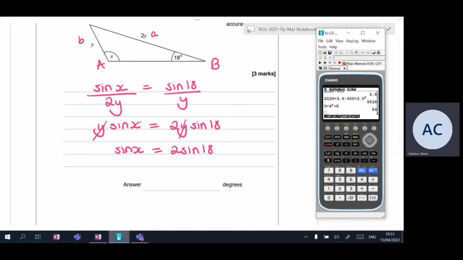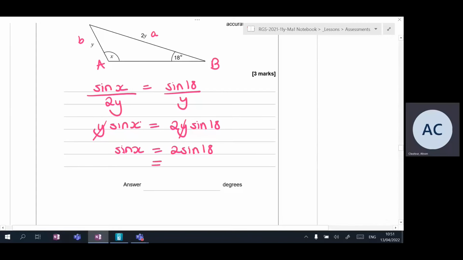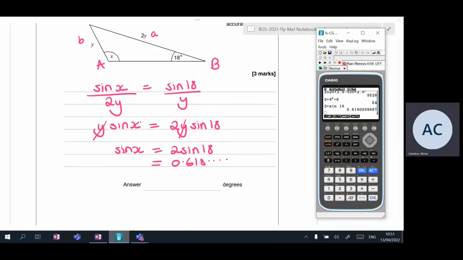So on your calculator, we do 2 times sine 18. Okay, we've got 0.618. Just going to make sure I'm in degrees. I am in degrees. Okay, so equals 0.618. So then if I do inverse sine of that answer, it's going to give me the acute angle.